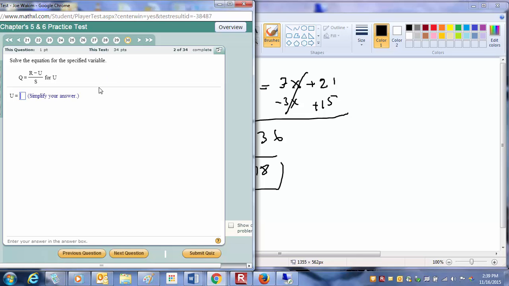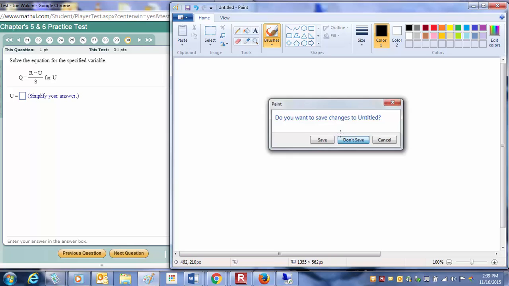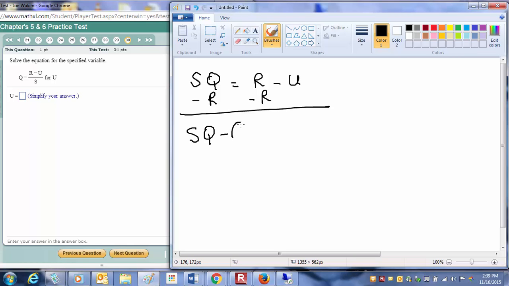Number 30. Let's solve for a variable. This is a new one. How do you solve for the variable u? Cross multiply. So that would be SQ equals r minus u. You're looking for u, so let's get rid of the r. Subtract r from both sides. SQ minus r, these will cancel, negative u.